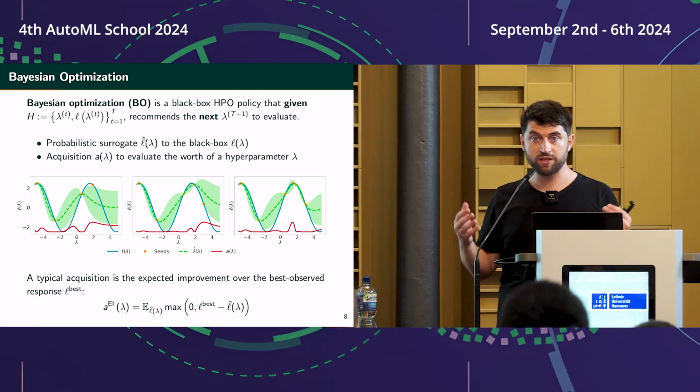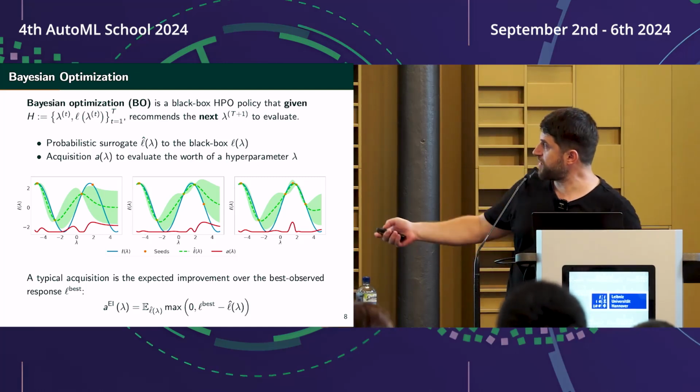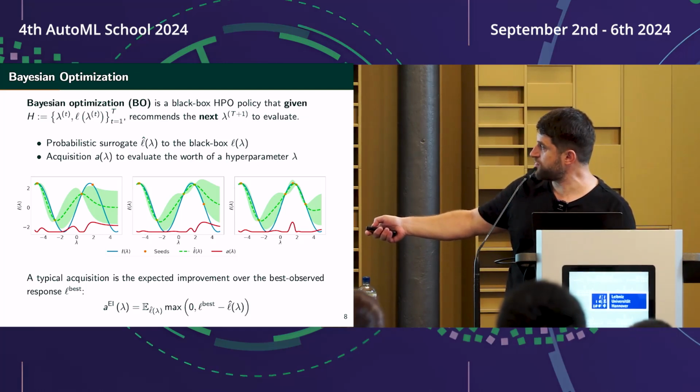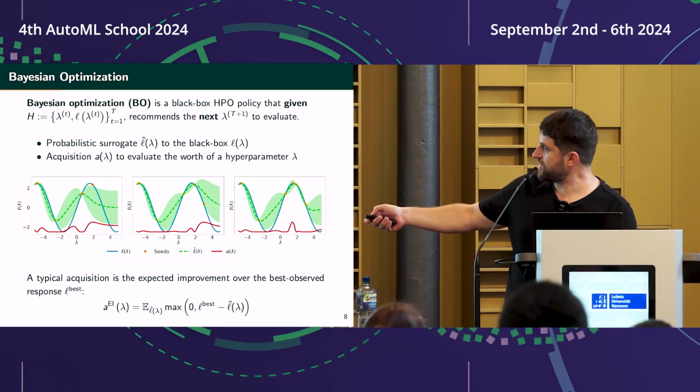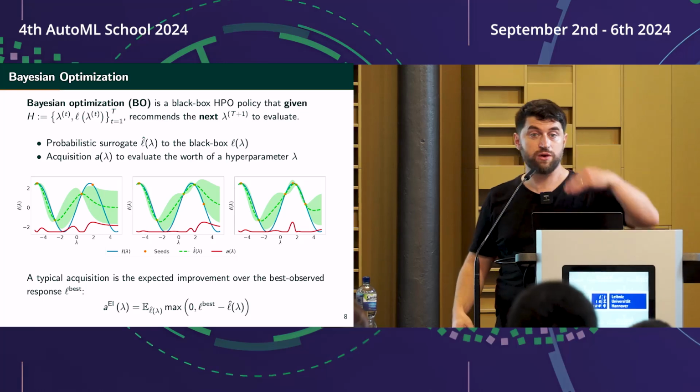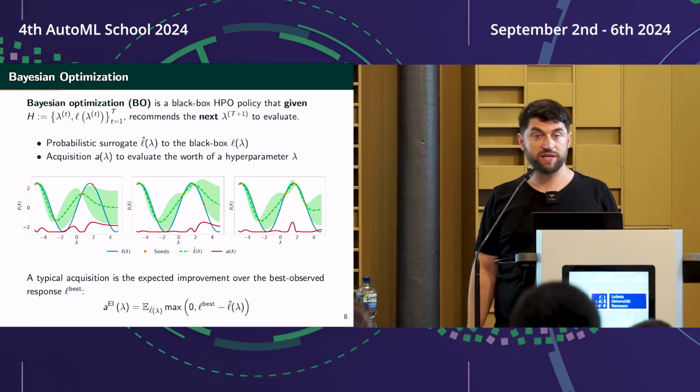The higher, the better, and that is what this function A evaluates. So basically you see here that this is a promising region because it has a high uncertainty and it has a chance of being better than those observed points, because you have a Gaussian distribution here and there is some area that is above the best observed point.